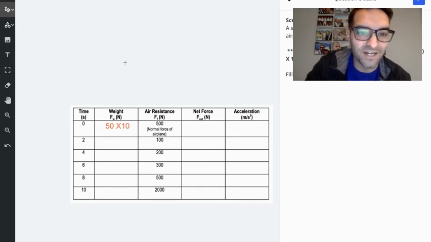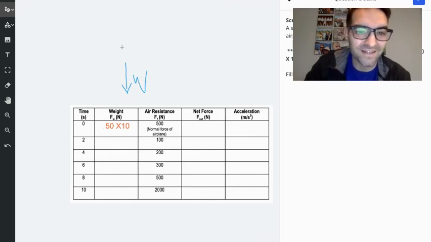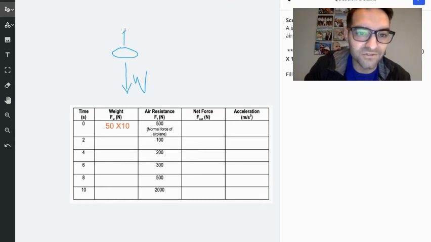So you have a downward force, which is your weight. That's supposed to be a W. And I'm just going to draw a little circle for our person. And then your air resistance is going to be acting in the opposite direction.